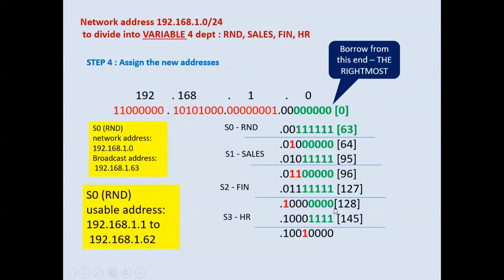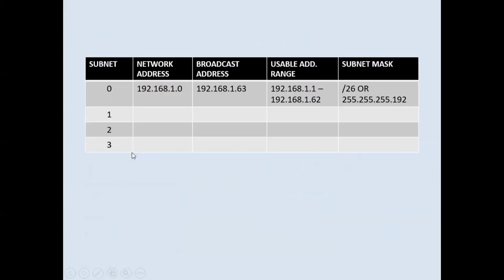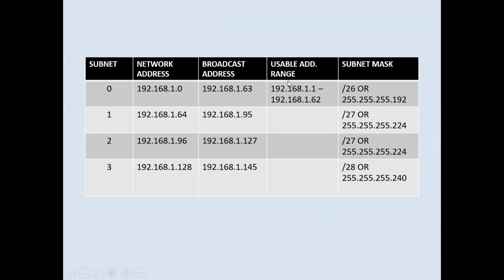Okay, so that means anything that is not green is considered part of the network portion for that subnet. So in this case, 2 bits here belong there. In this case, 3 bits here belong to the network portion. So again, same thing: subnet, network address, broadcast address, and so on. You fill it in.